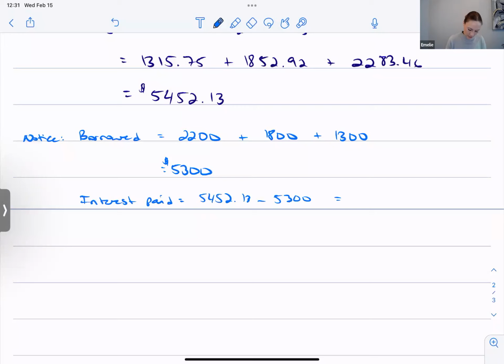And to keep it all on one page, that's $152.13 in interest, right? So those are all things that we could be asking questions about, right? So it's good to have a really good handle on how these things are made up, right? But there's a principal amount and then you pay interest on it, and then that makes your future value.